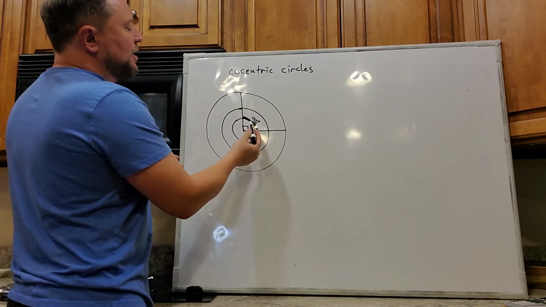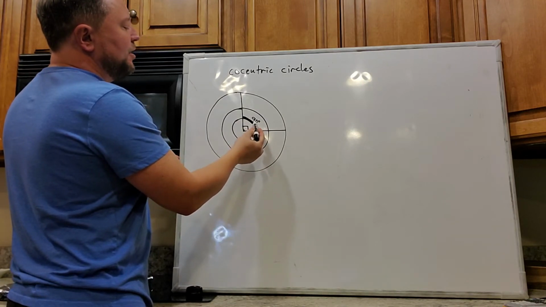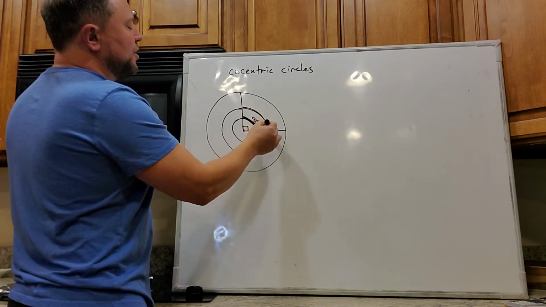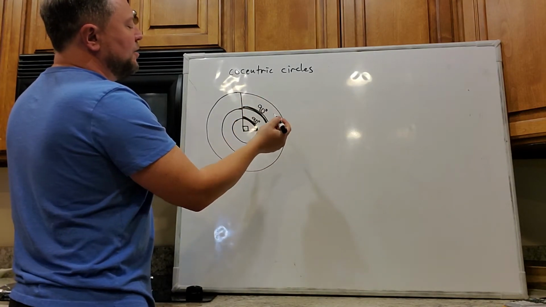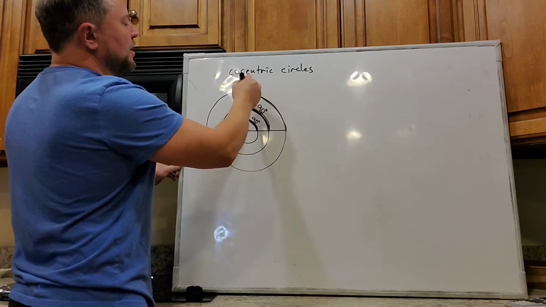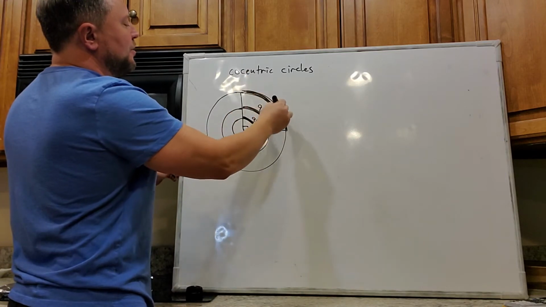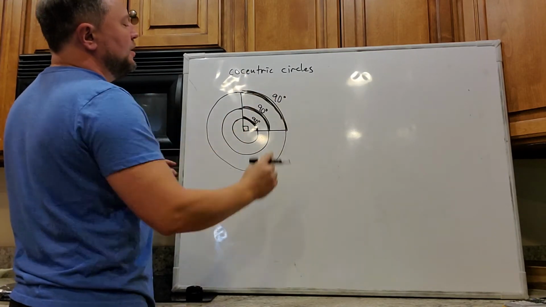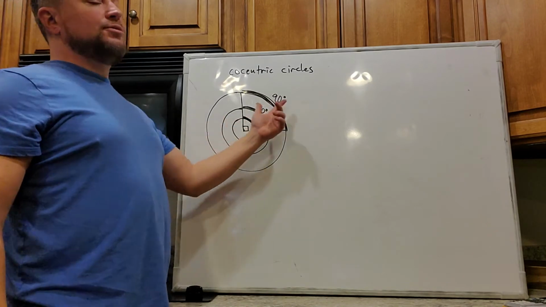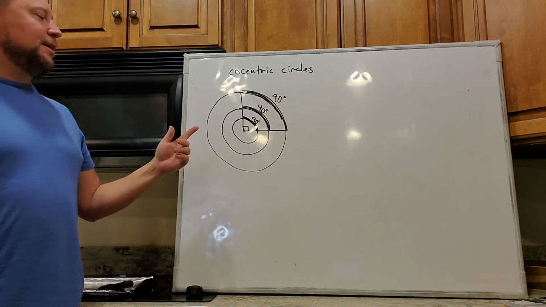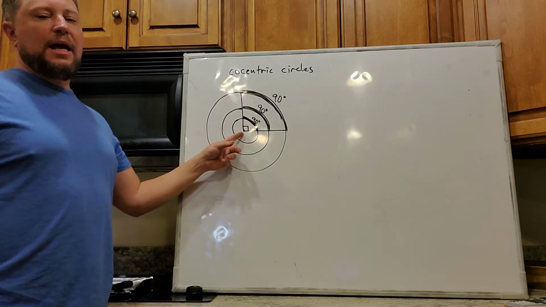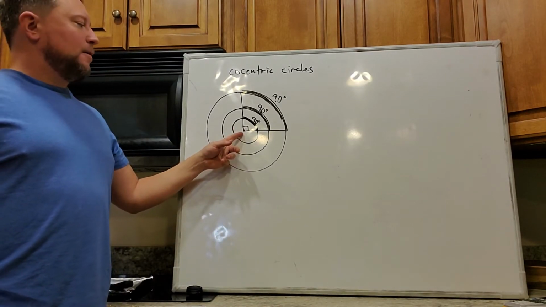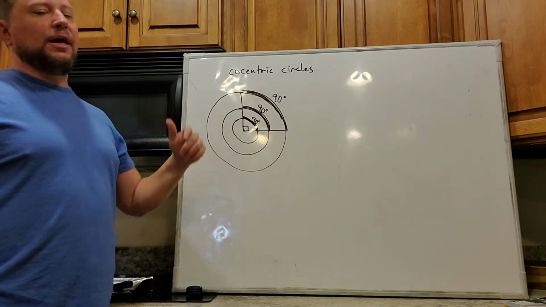Because if the central angle is 90, the arc's 90. Same with this arc right here. That arc is also 90 degrees. See this arc right out here on the biggest circle yet? That's also 90 degrees. So the measure of the arcs is not dependent on the size of the circle. It's just dependent on that central angle. If the angle is 90, all these arcs are 90.